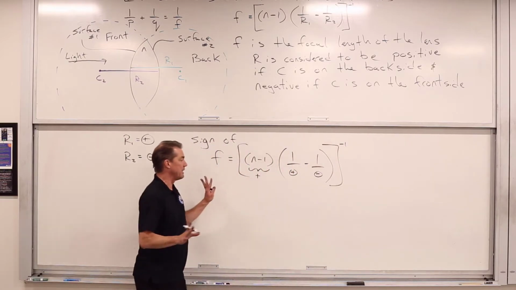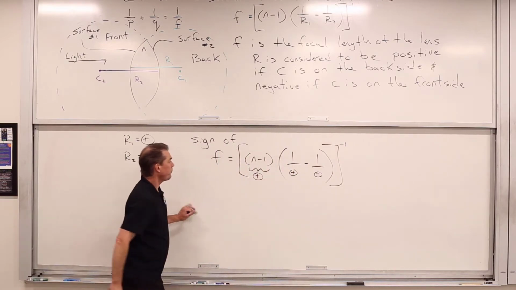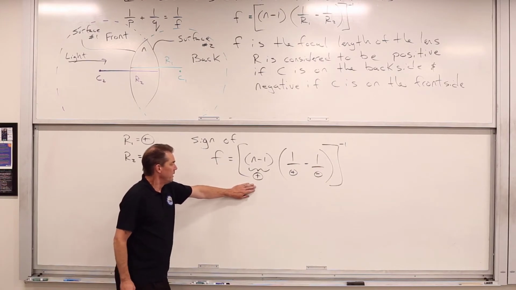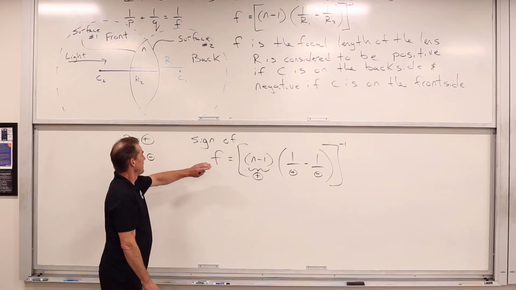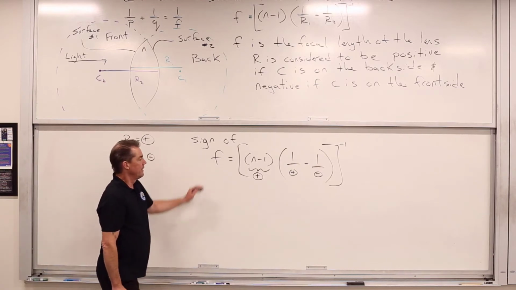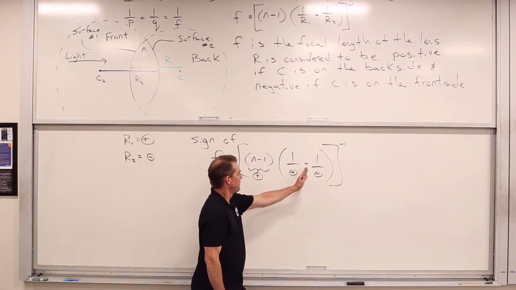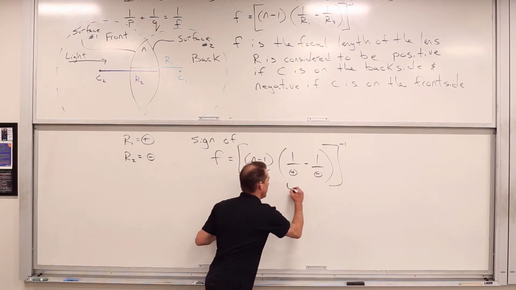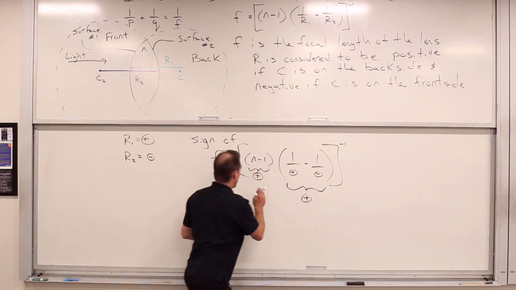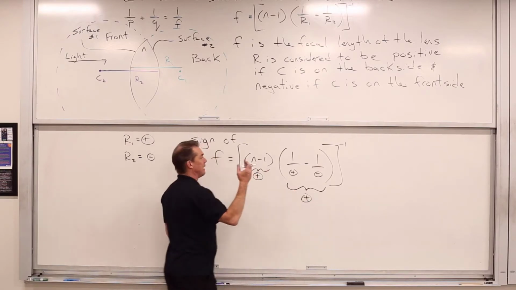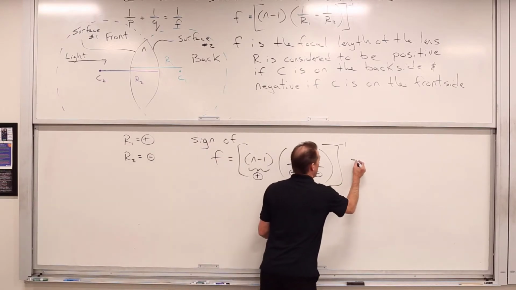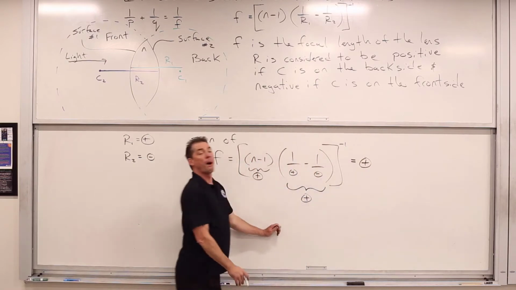This is, again, just putting in signs of things. So we have plus multiplied by whatever this turns out to be will give us the sign of F. And we have plus, minus, and minus. This has to be positive here. So we have a positive value multiplied by a positive value. Take the inverse of it, it's still going to be positive, and we will get a positive focal length.